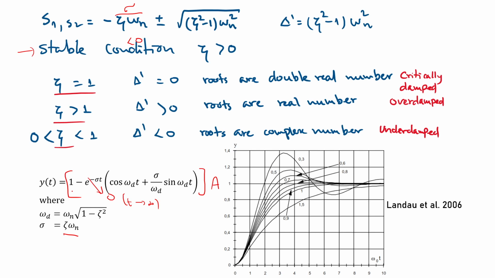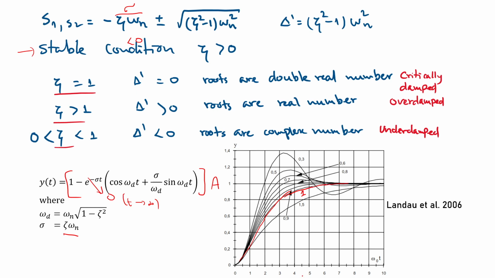And here is the curve representing all the cases. For this one, you see, when zeta equal to 1, this is critically damped. Zeta equal to 1.